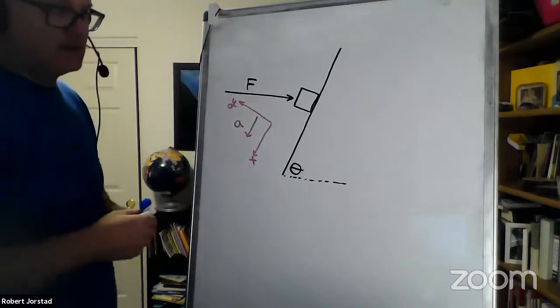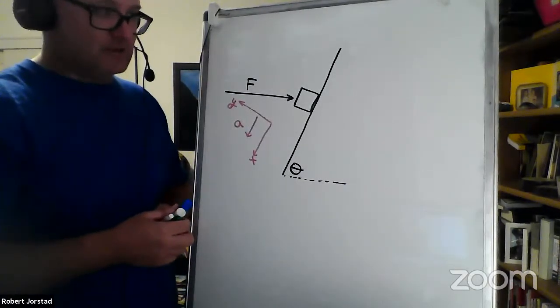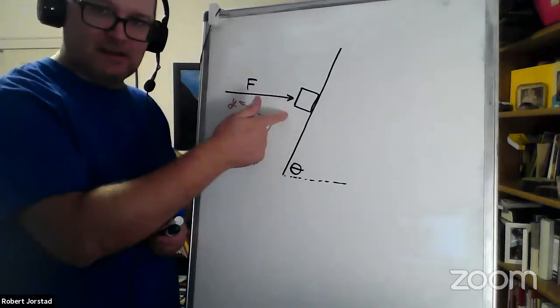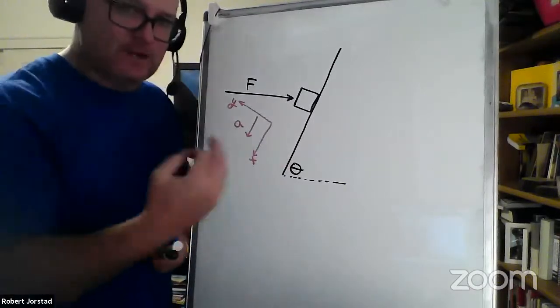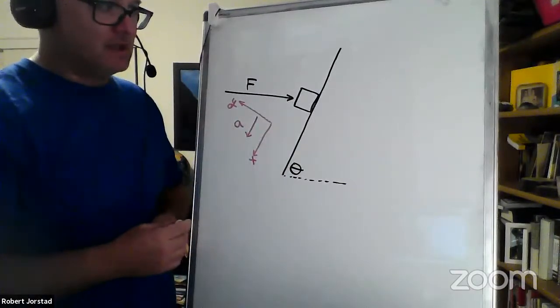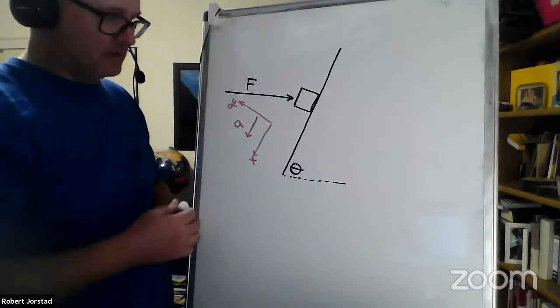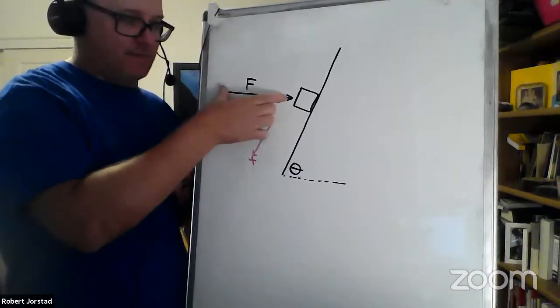All right. Now, in this case, I'm going to do what I did last time. I'm going to draw this and get the forces right and learn about the angles. Then I'm going to redraw it as a free body diagram. Okay. So now here's a cool trick that you can do. A force is a vector.